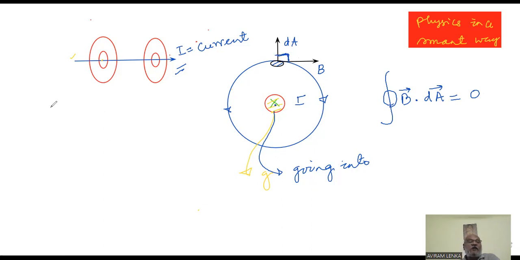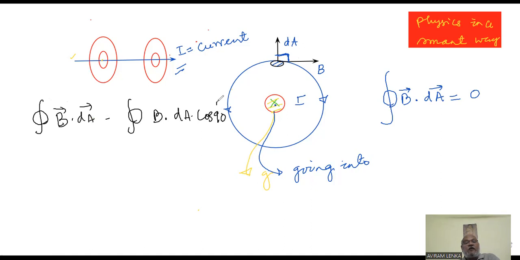If we go for our derivation, the closed surface integration of B dot dA will be the closed surface integration of the magnitude of B, the magnitude of dA, into cos 90. Everywhere, for any dA you consider, that will be cos 90.